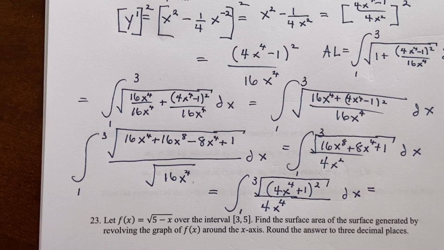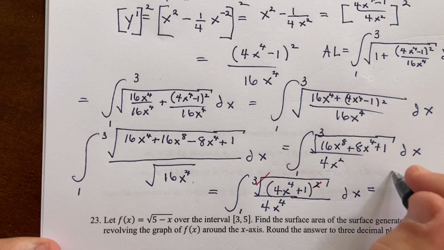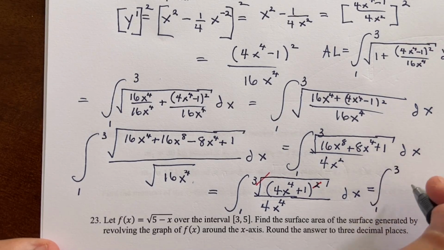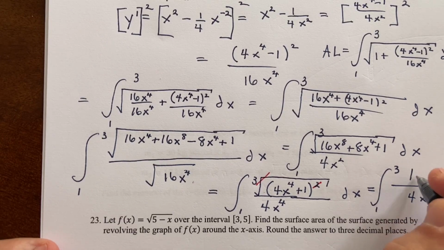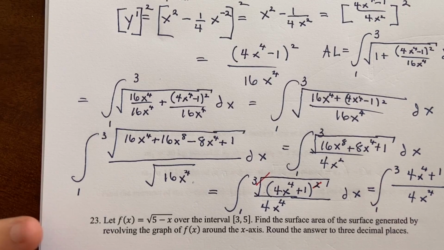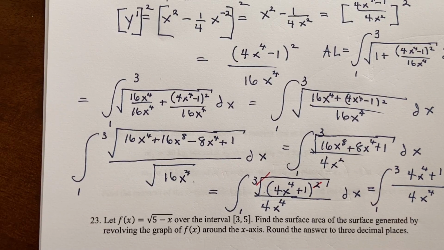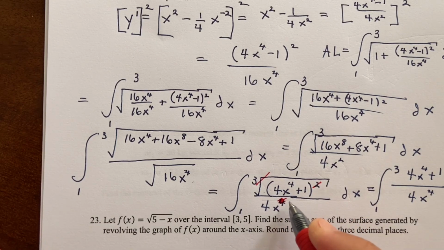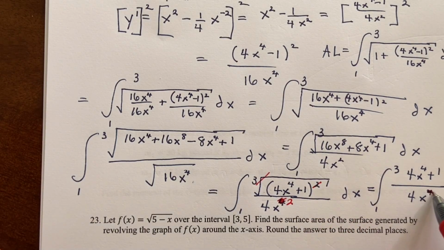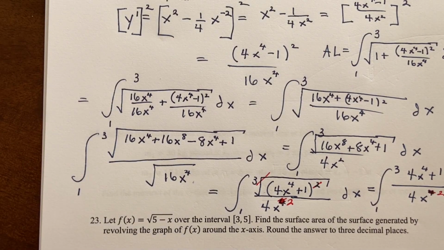And now canceling this square root and that square, we have 4x to the 4th plus 1 dx. Sorry, this should have been a 2. So this should be squared. This should be squared.